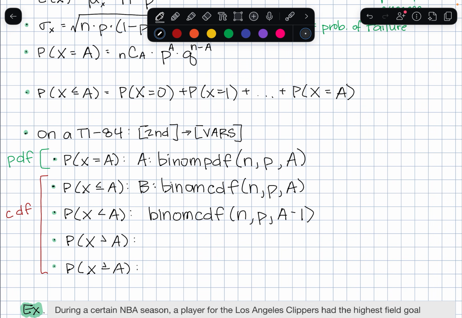If I want less than 2, the next nearest number is 1. I would start at 1. If I want greater than A, greater is the complement to less than or equal to. These two things complement each other and cover the whole number line, cover the whole sample space. And I know the complement trick, so this should just be 1 minus Binomial CDF of N, P, A.